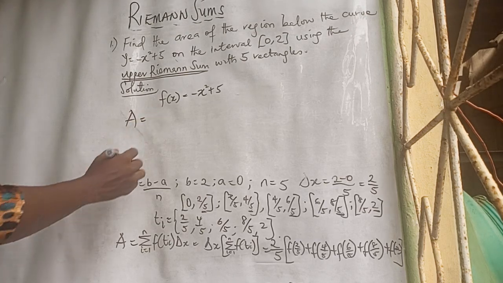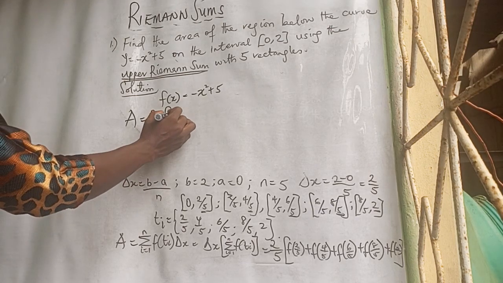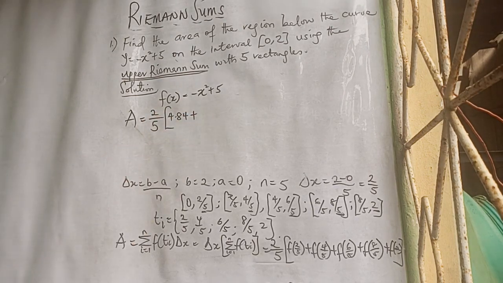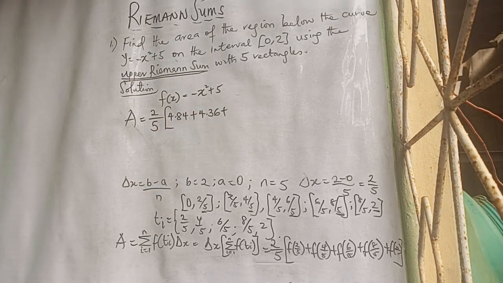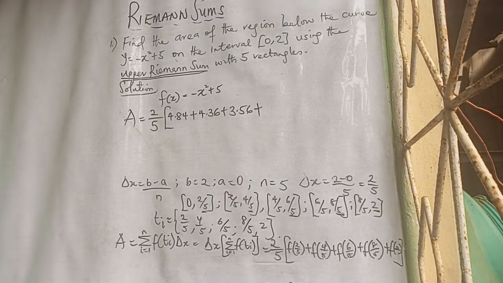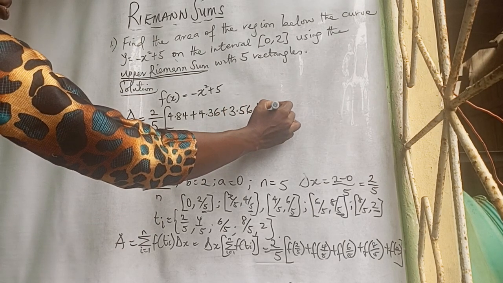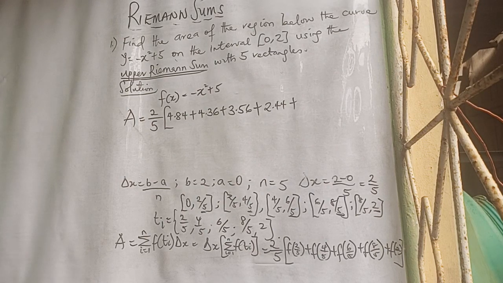That gives us our A to be 2/5 into what? 4.84 when our x is 2/5, 4.36 when our x is 4/5, 3.56 when our x is 6/5, 2.44 when x is 8/5, and then 1.